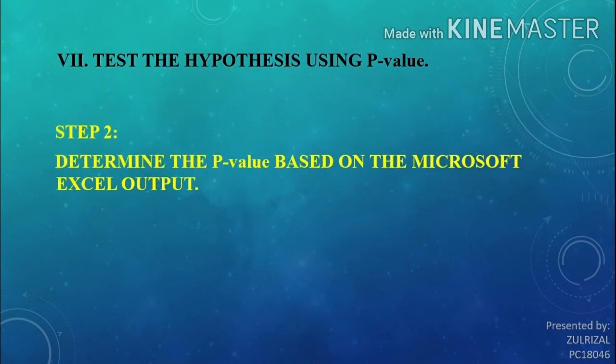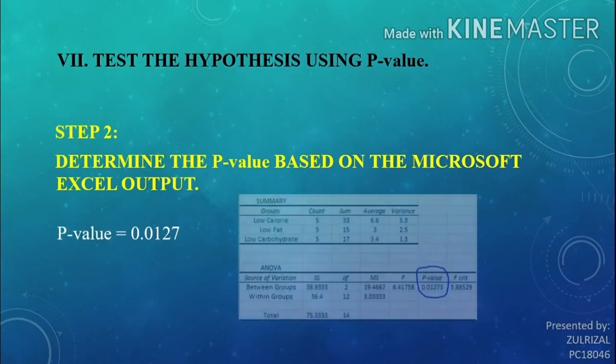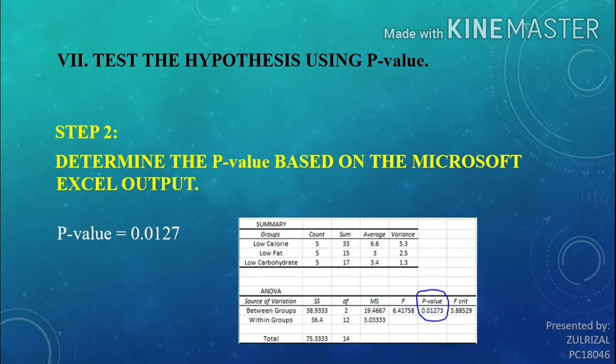Step 2: determine the p-value based on the Microsoft Excel output. From Microsoft Excel, we can know the p-value is 0.0127. Let me show you how to find the p-value using Microsoft Excel.